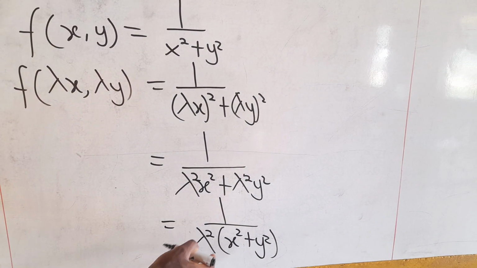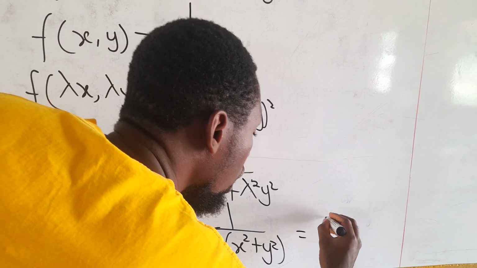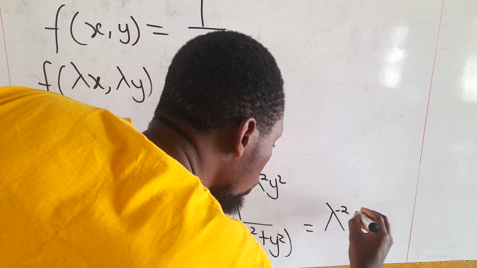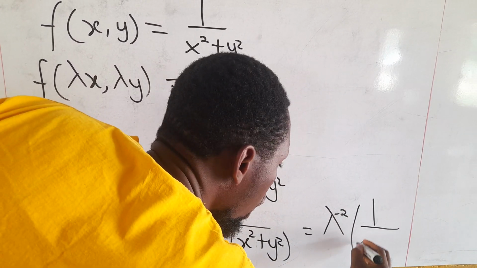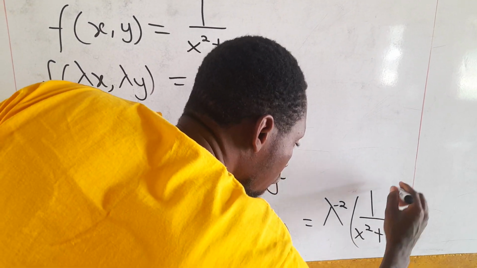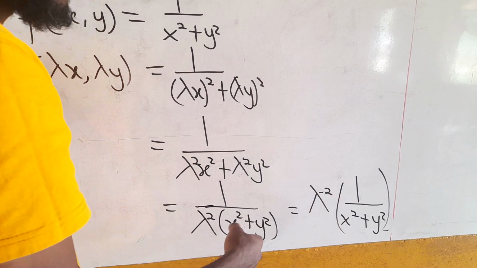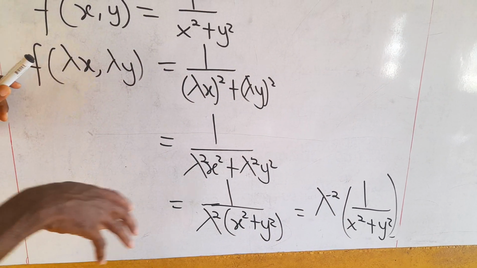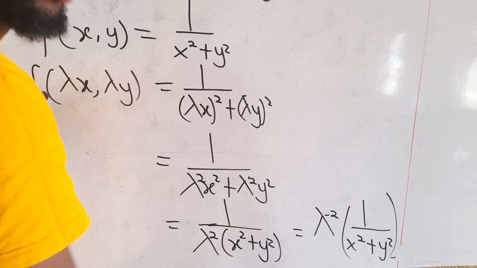We can rewrite this in another form using indices as lambda exponent negative 2 times 1 all over x squared plus y squared. I hope you understand that. So the question is, did we get a function back after factoring out the common parameter lambda? Yes, we got a function back.